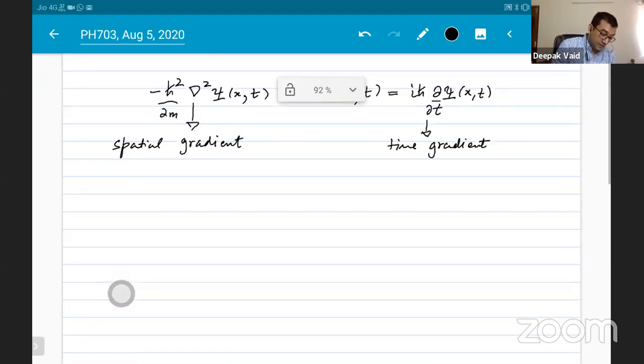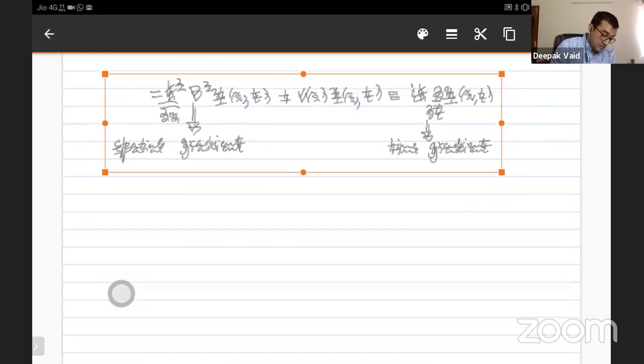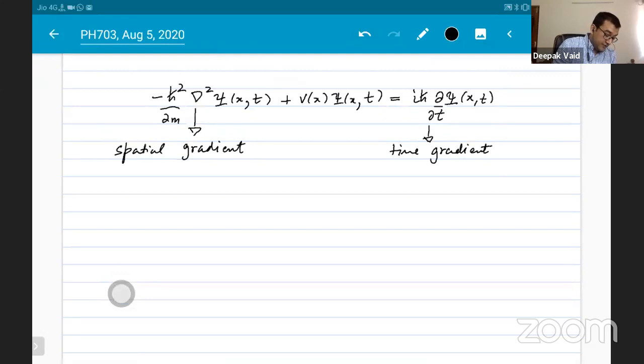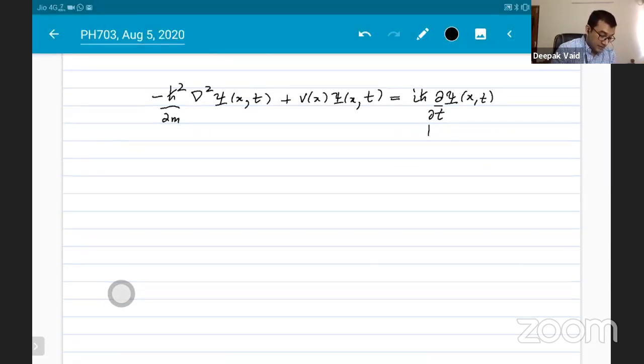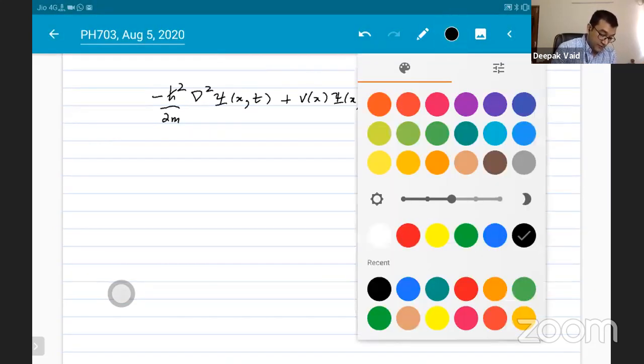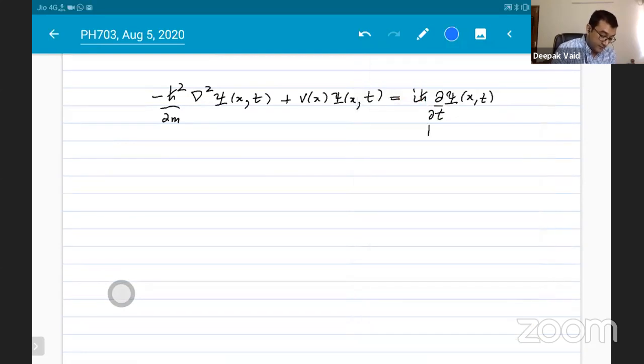So these various terms are this term over here, the first term on the left-hand side, is the kinetic energy. The second term, well, what goes along with kinetic? You guessed it, it's the potential energy.